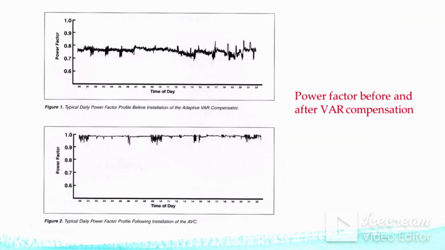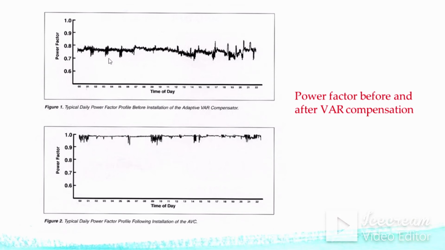Here you can observe that the power factor is taken on the y-axis, and the time of the day, that is the time period, is measured on the x-axis. Before compensation the power factor was somewhere at 0.78 lagging.